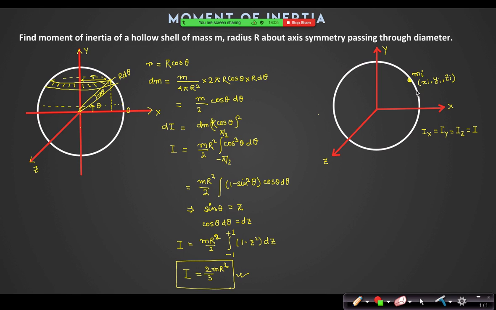It is not on the xy plane. It is in 3D space. The z coordinate is not 0. If you want to locate this point in a three-dimensional space, I will just show you. The point is lying here.